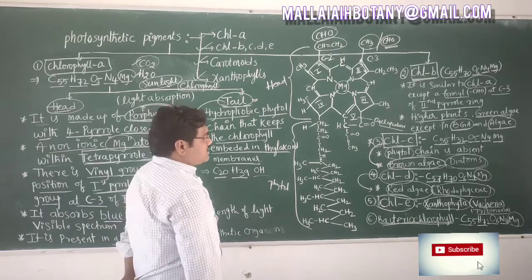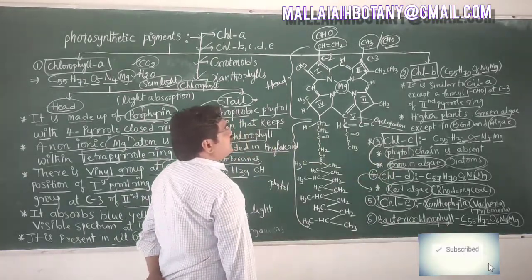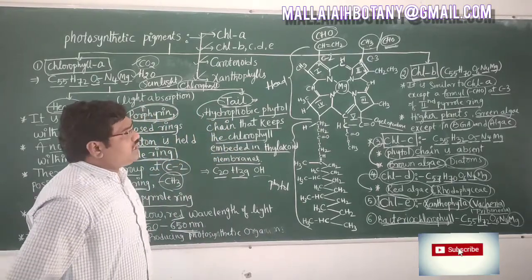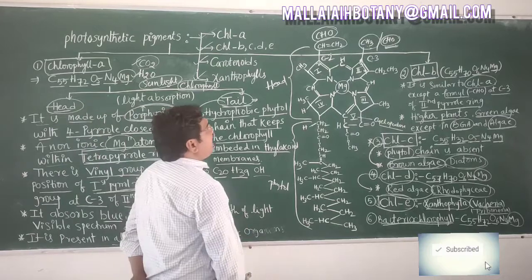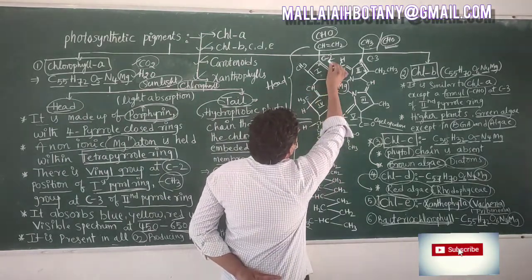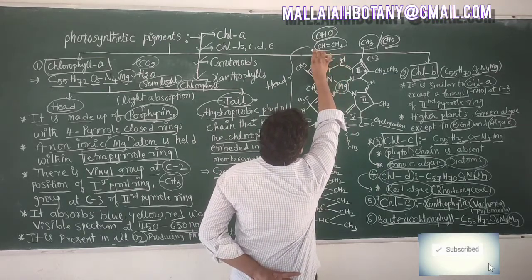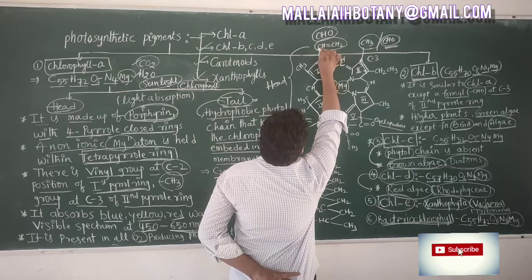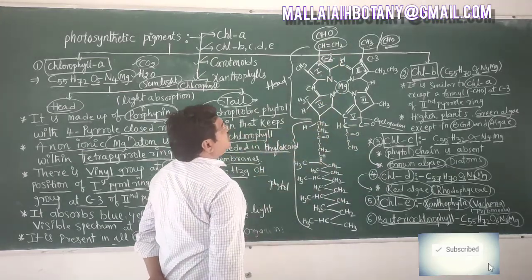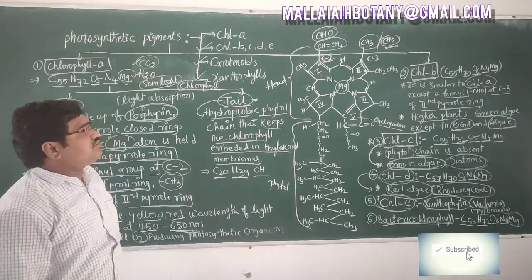So the complete structure is similar to chlorophyll A, except at the first pyrrole ring of the porphyrin, carbon 2 position is replaced by acetaldehyde.